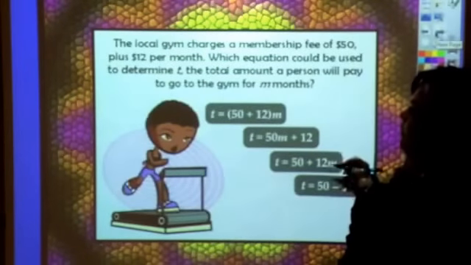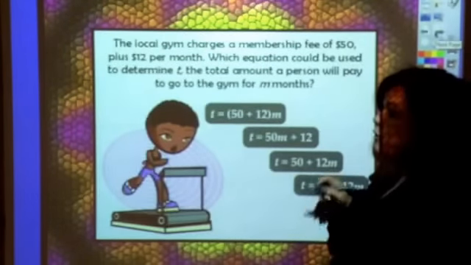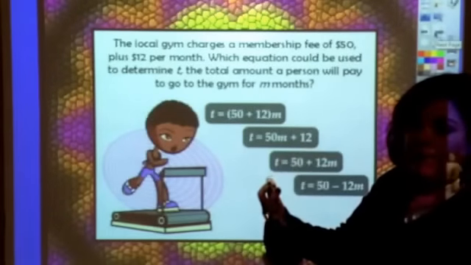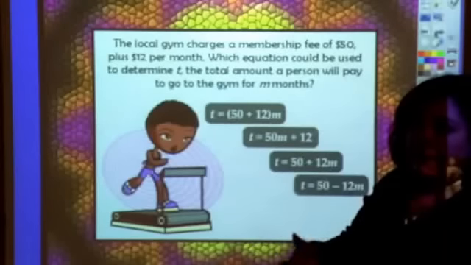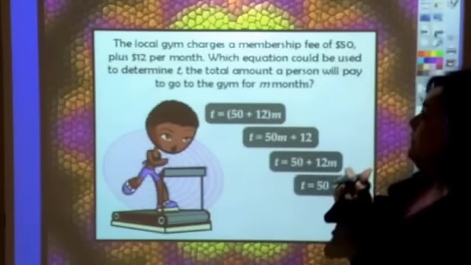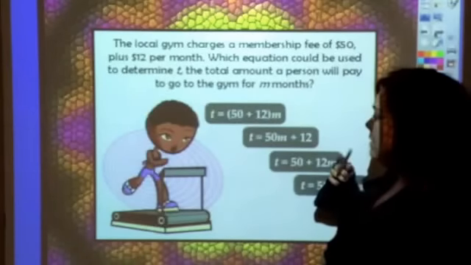The local gym charges a membership of $50 plus $12 per month. So it's $50 like an enrollment fee. That's a one-time thing, and then $12 per month. So which equation can be used to determine T, the total amount a person will pay to go to the gym for M months?